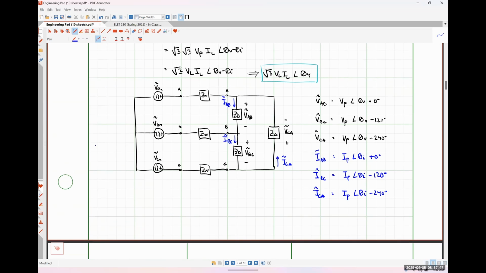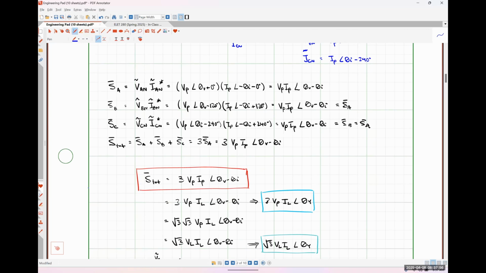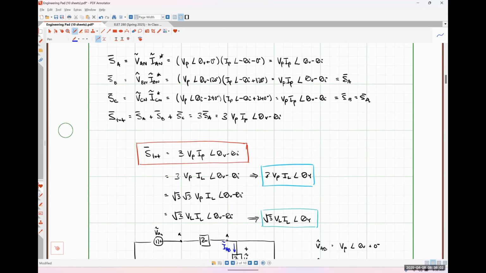So if I were to formally calculate complex power absorbed by the A phase, would it be literally any different than what I did up here? No, nor for the B phase, nor for the C phase.